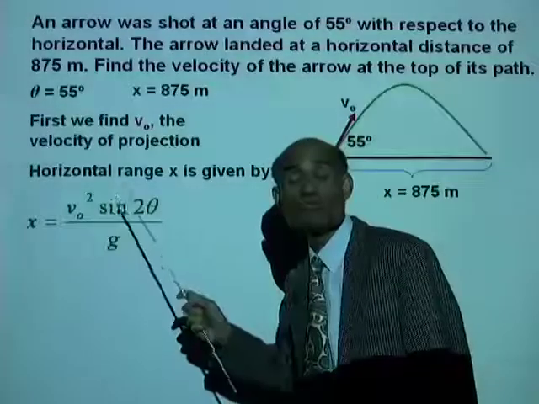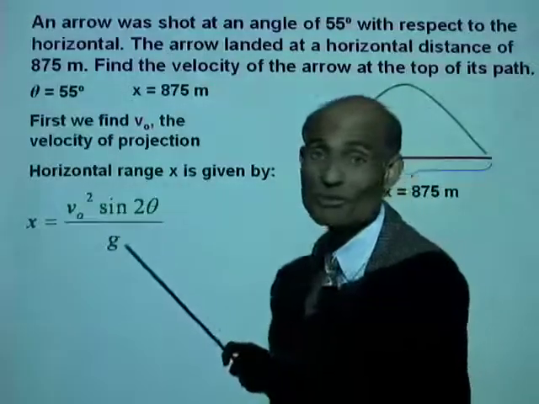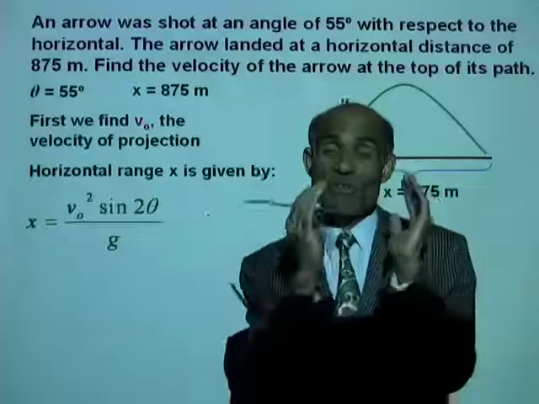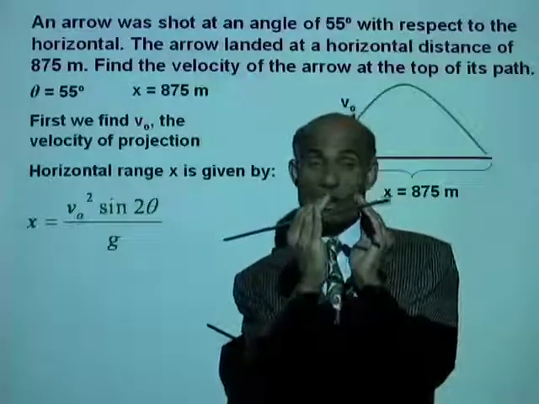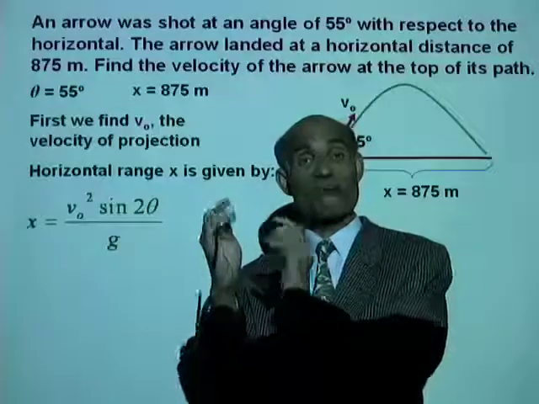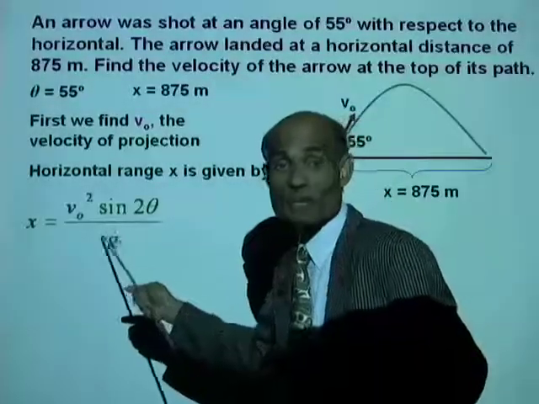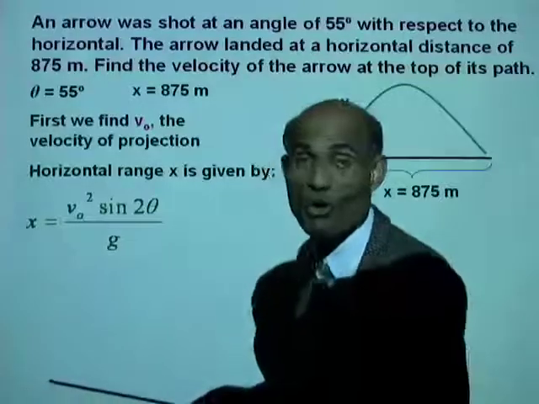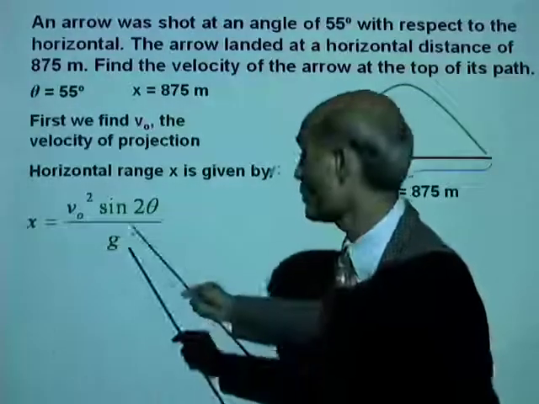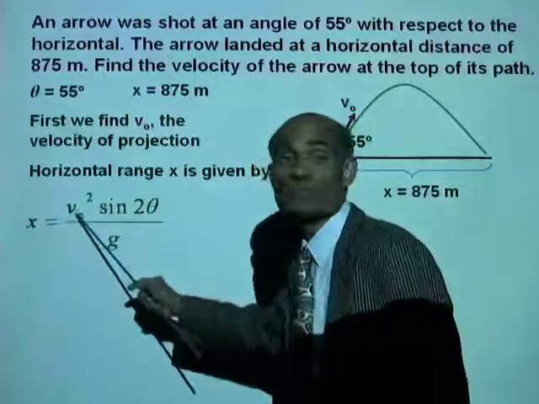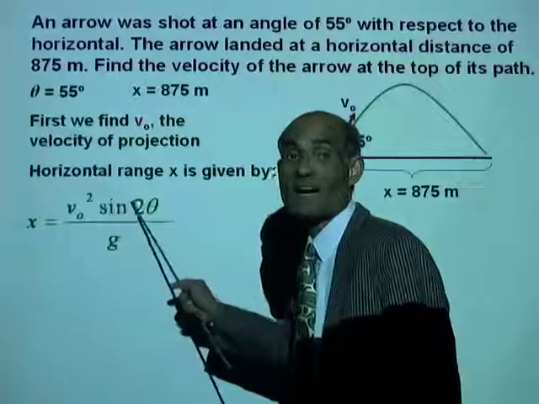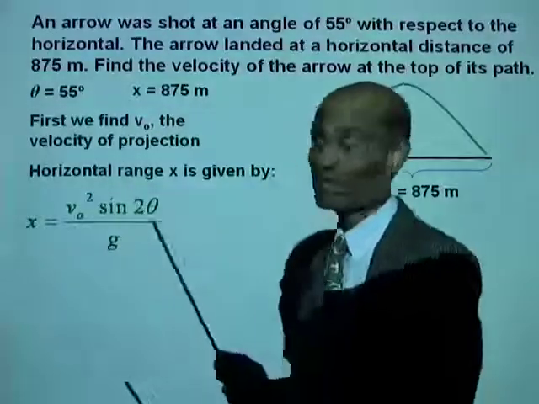This is the equation we developed for the horizontal range. In other words, when you multiply the horizontal velocity with the time of flight and simplify it, this is the equation we arrived at. This is the equation for the horizontal range. X equal to V0 squared sine 2 theta over G.